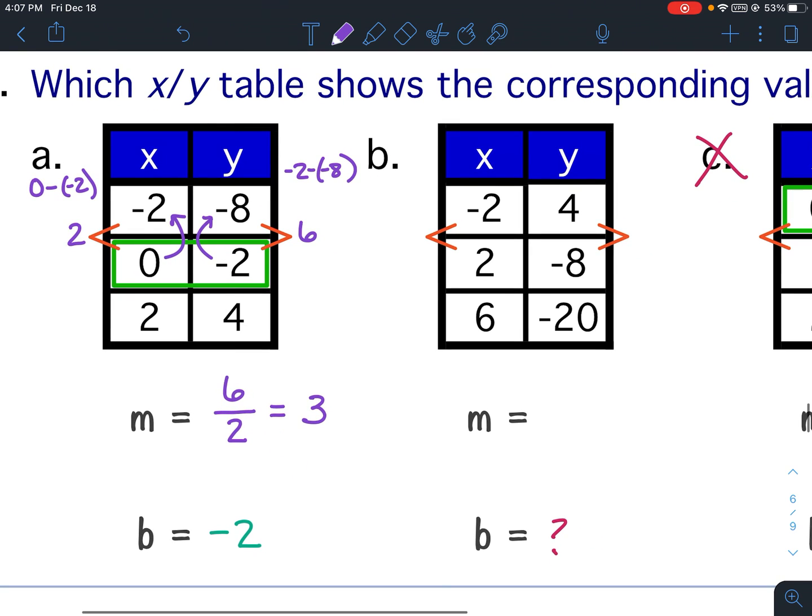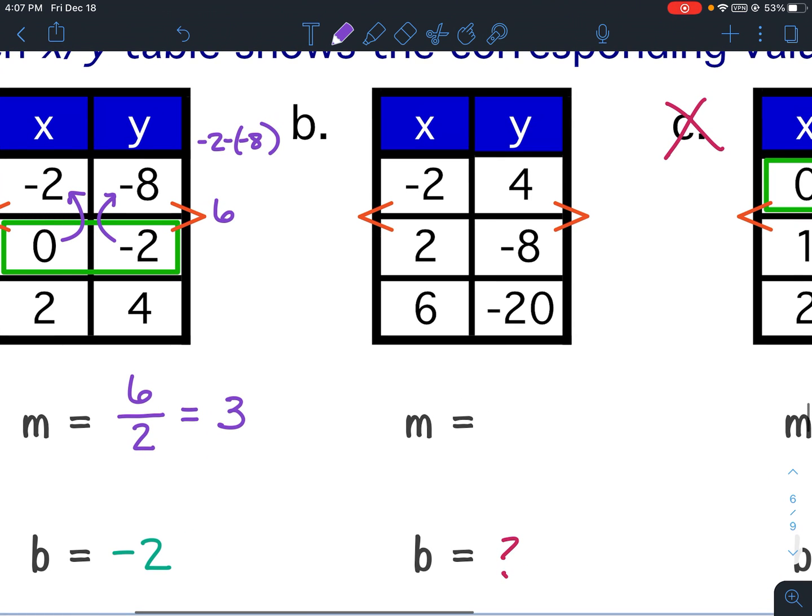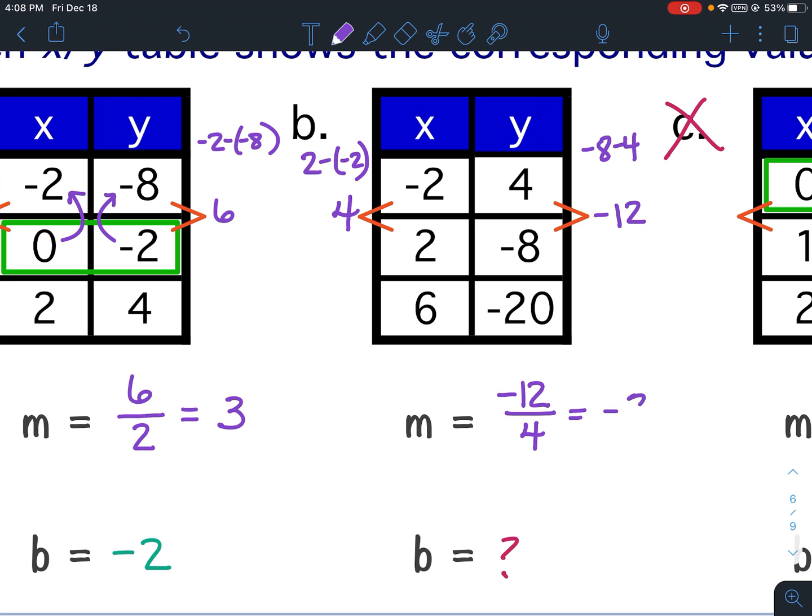All right, for B, I've got negative 8 minus 4 to get negative 12. 2 minus negative 2. Minus a negative becomes positive, so 2 plus 2 is 4. My slope for B is negative 12 over 4, which would give me negative 3.